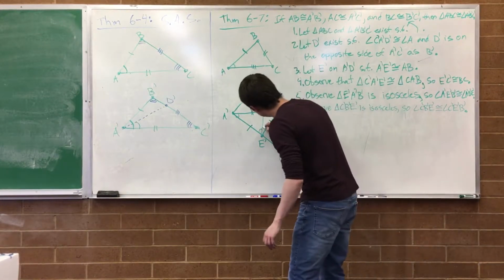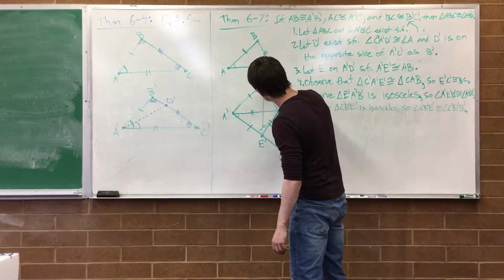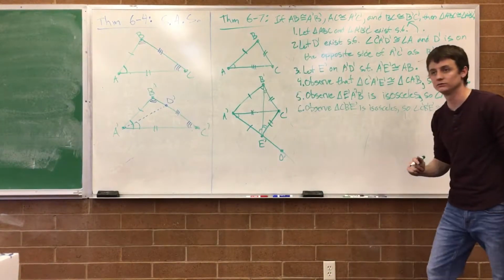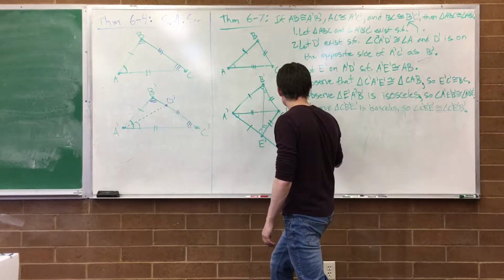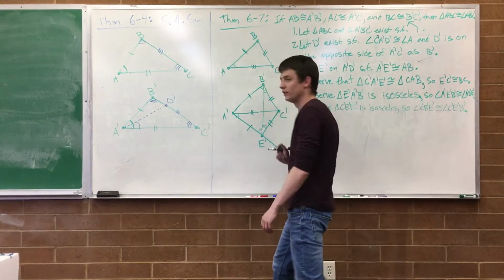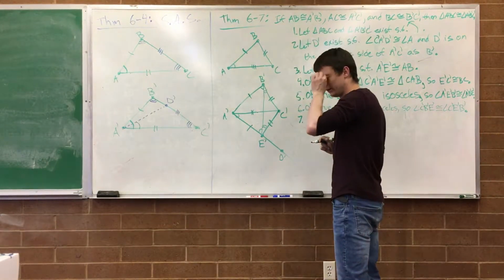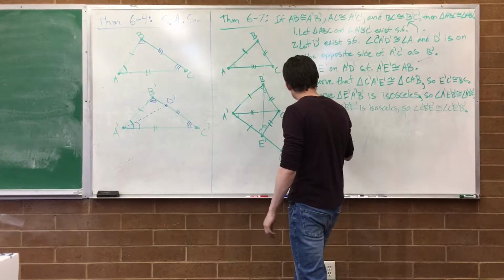So then we got that's congruent to that. So then we use, what postulate was it? Angle, side, angle. Addition of side and congruent angles. Whatever number it was.